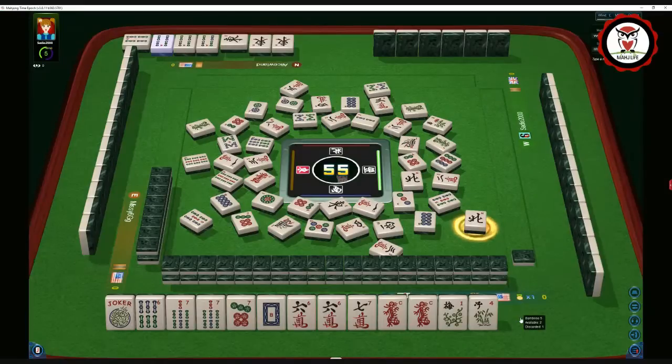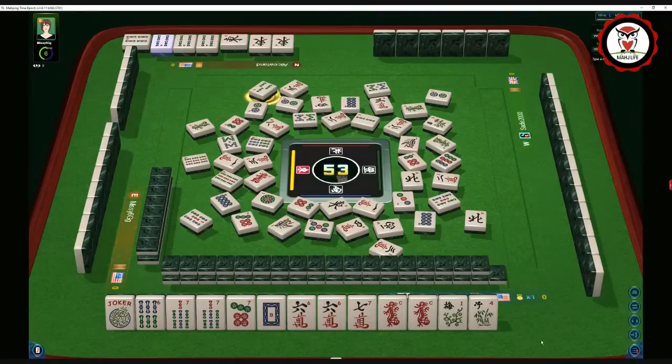North wind. I'm thinking we maybe, 2 dots. We could still play 6 7 dragon. Three bamboos.